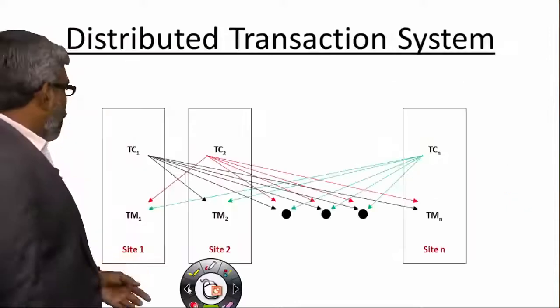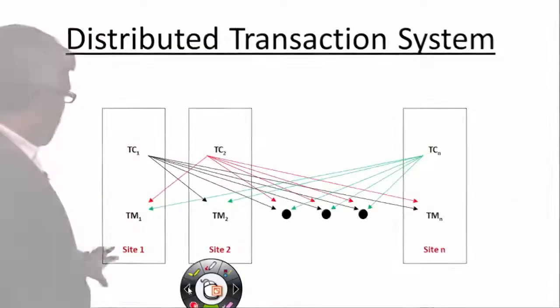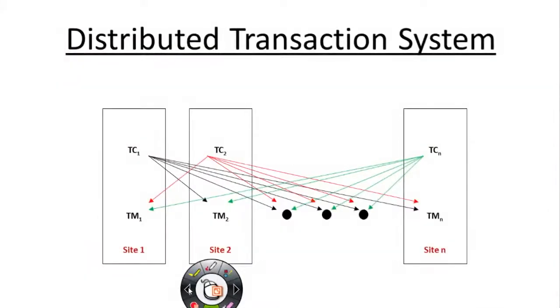So for example, now this person is requesting some data at site 1. Now the data are residing in site 2 and site 3. In that case, the transaction manager of site 1 is not responsible. The transaction coordinator of site 1 is responsible.